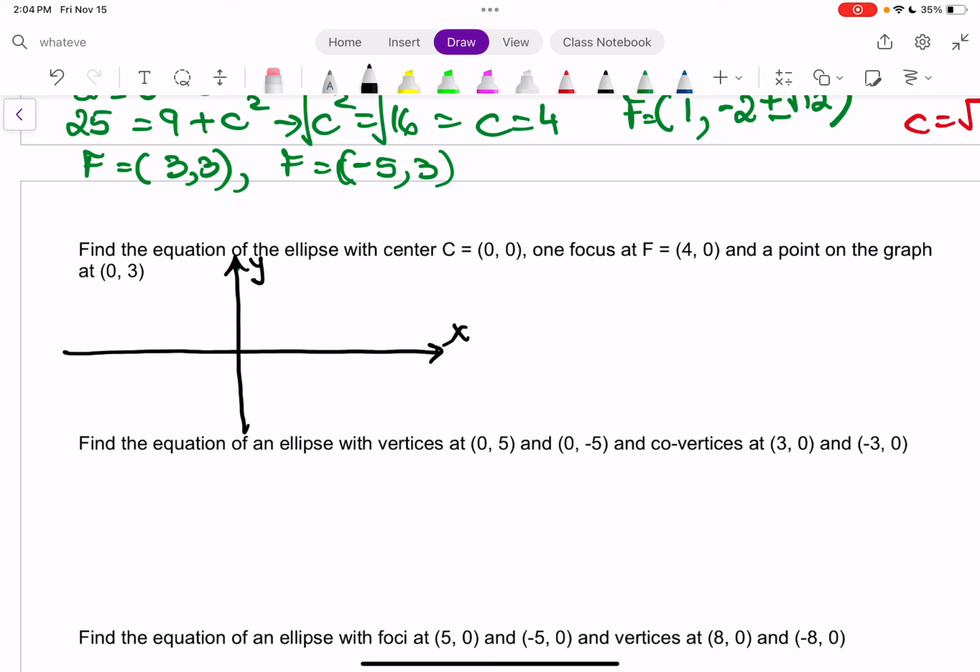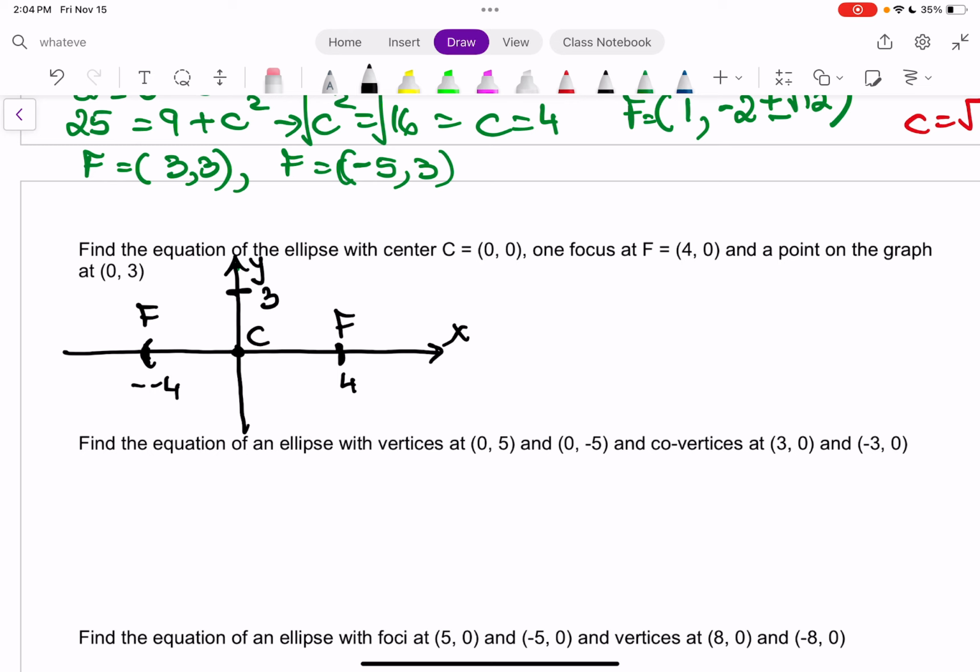So we know the center is at the origin. We know one focus is at 4, 0. Therefore, the other focus is going to be at -4, 0. That's just the foci. There's a point on the graph at 0, 3.